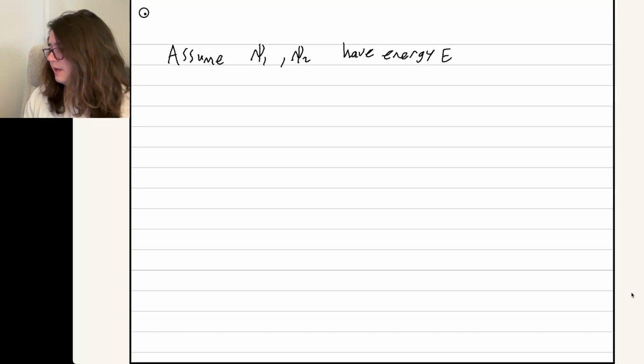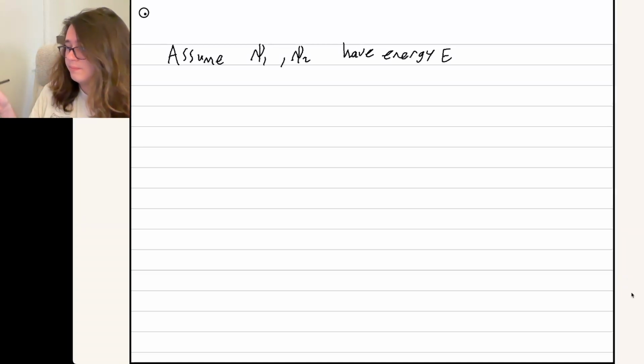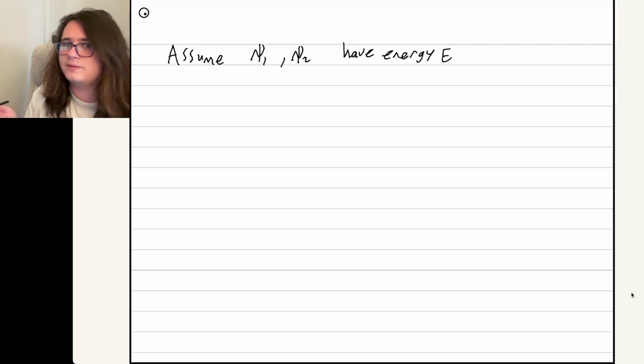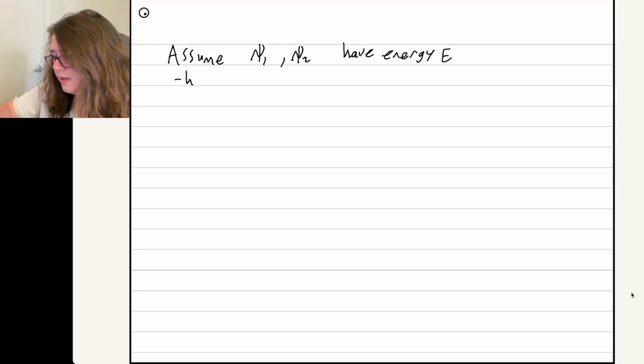And so what we're going to do is prove that in one dimension there aren't any degenerate wave functions, starting with the assumption that psi1 and psi2 are degenerate in one dimension. So we've got two Schrodinger equations that we can write. This is going to be the one for psi1.